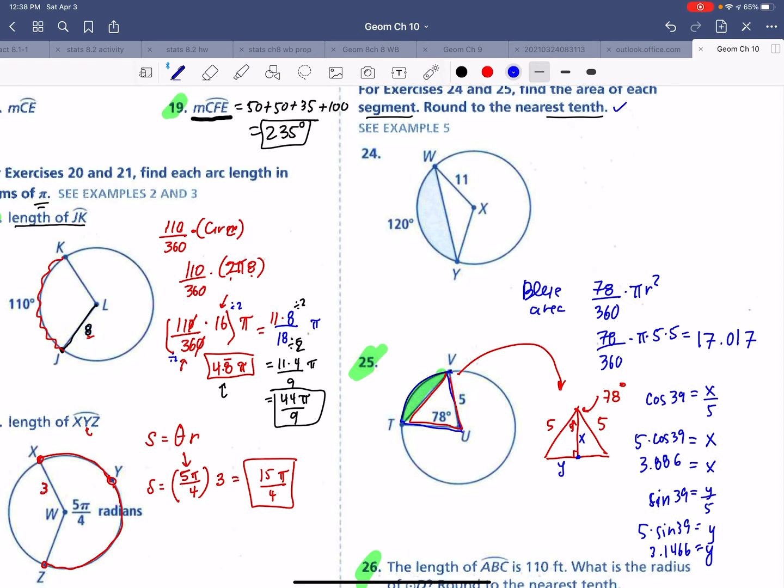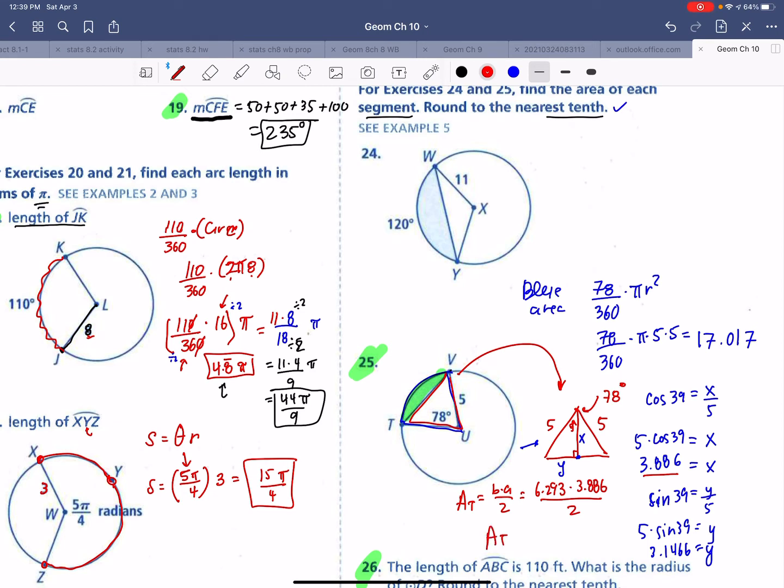Okay, so to find the area of this triangle, the area of that triangle would be base times altitude divided by 2. So the base here is 2y, so we've got to double that. I'm going to multiply that on my calculator. So I get 6.293 for my base. My altitude we got was 3.886, and then we're going to divide by 2 times 3.886, enter, divide by 2, enter.